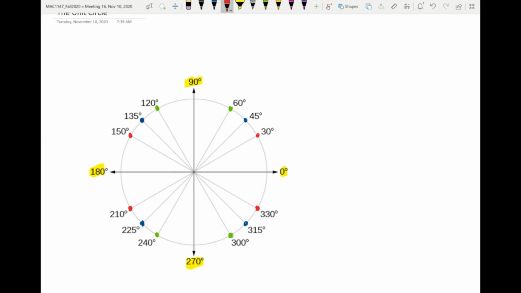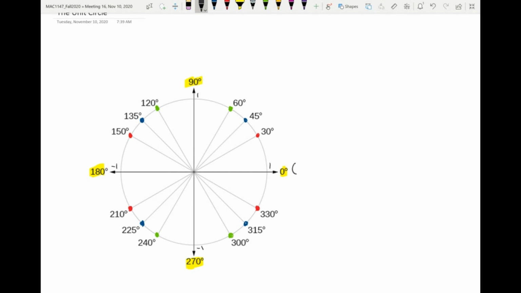All right. Now, let's figure out the sine and cosine of all of this. Let's fill in the unit circle. First, let's do 0, 90, 180, and 270 because we know those. Remember, this is the unit circle. So this is equal to 1, this is 1, negative 1, negative 1. All we have to do is figure out the ordered pairs because that's going to give you sine and cosine, right?